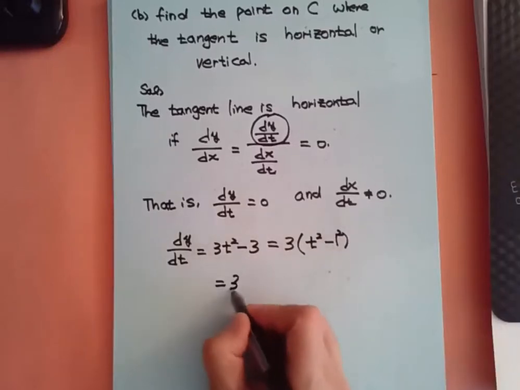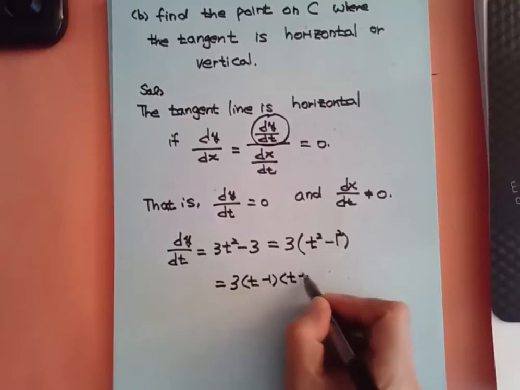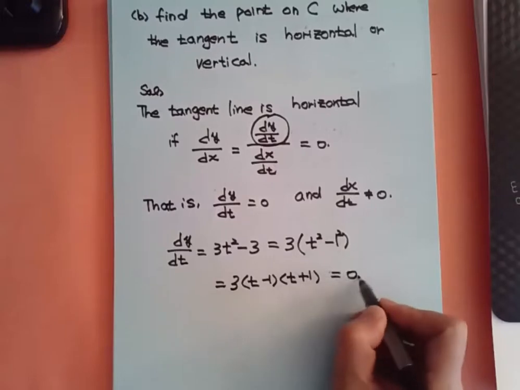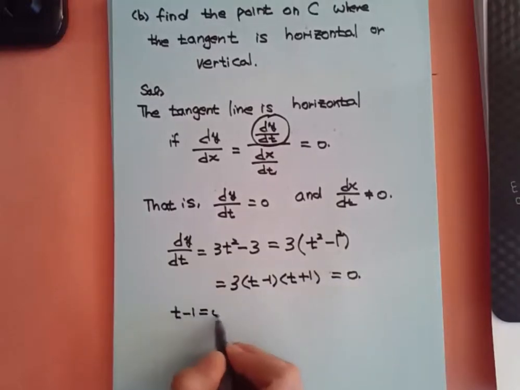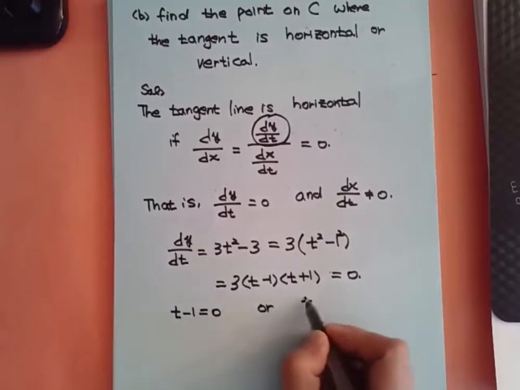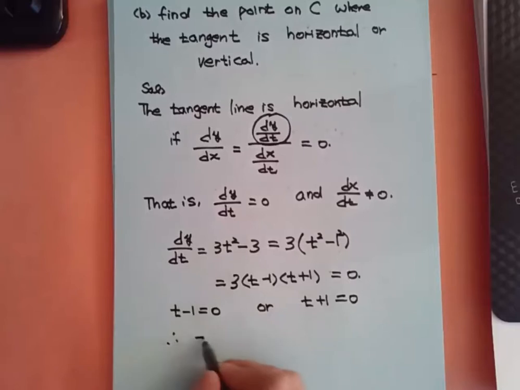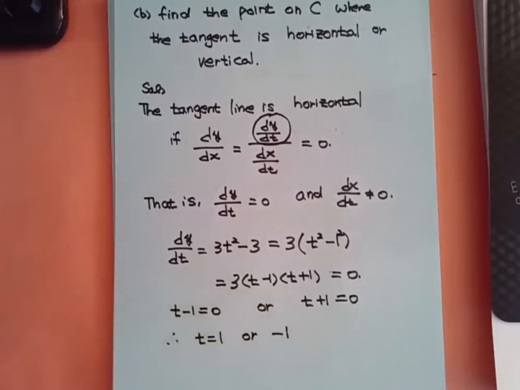So 3 times t minus 1 times t plus 1 equals 0. So t minus 1 equals 0 or t plus 1 equals 0. That means t equals 1 or minus 1.